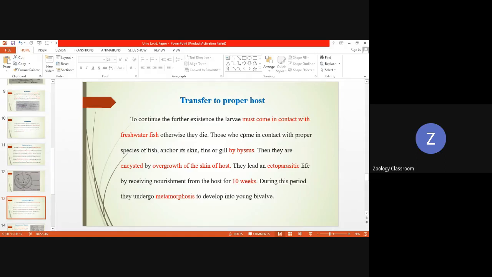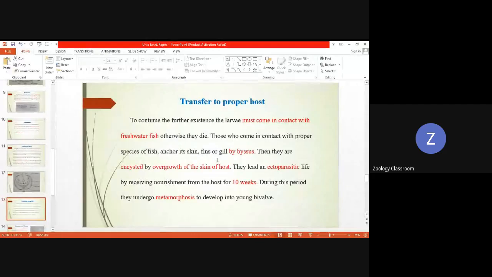So those who come in contact with the proper species of fish, they anchor to its skin. आता जो byssus thread जो आहे, it can extend beyond the limit of the shell, and with the help of this, it can anchor, come in contact with the skin of the fish, fins or gills, and get attached.